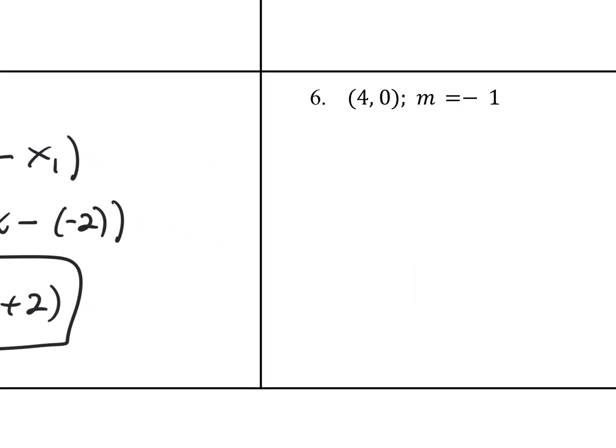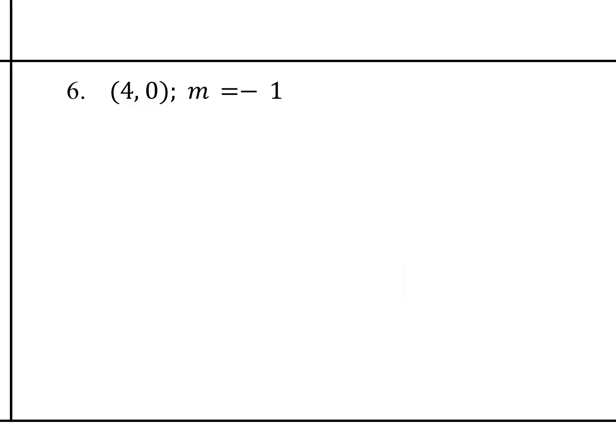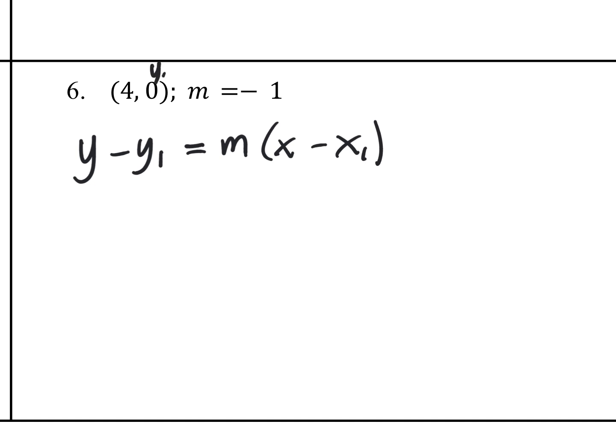The next one, the point is (4, 0), and the slope is -1. So y minus y1 is equal to m times (x minus x1). Our y1 here is 0, so let's plug it in. Y minus 0 is equal to -1 times (x minus 4).